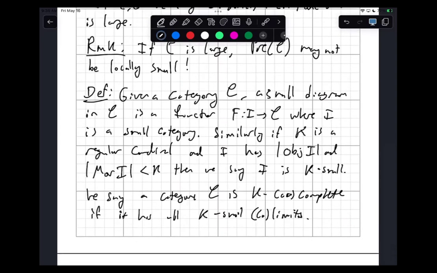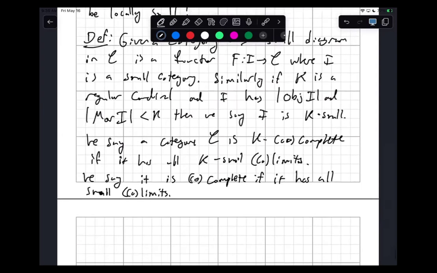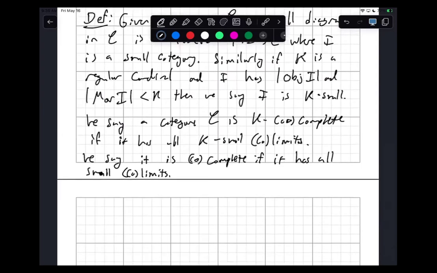And then we say it's co-complete or complete if it has all small colimits or limits. Okay. So now there's real content to all of this stuff, okay?